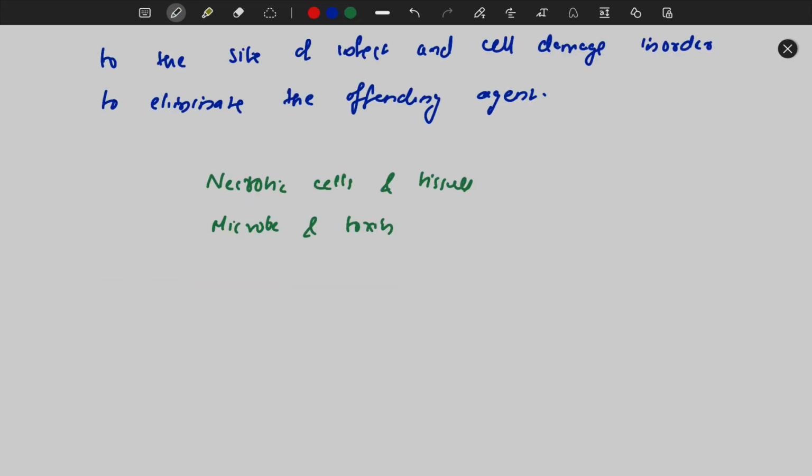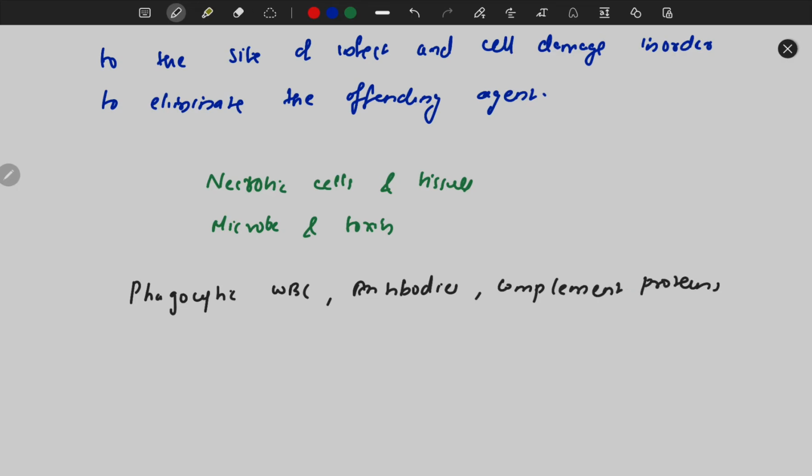The mediators of defense include phagocytic WBCs, antibodies, and complement proteins. These act as defense.